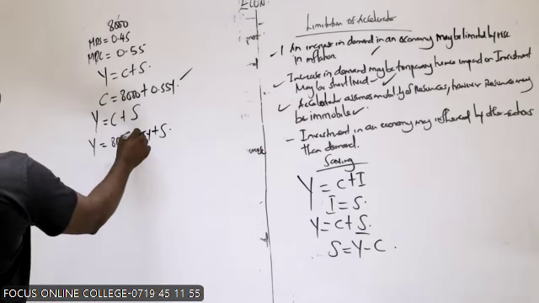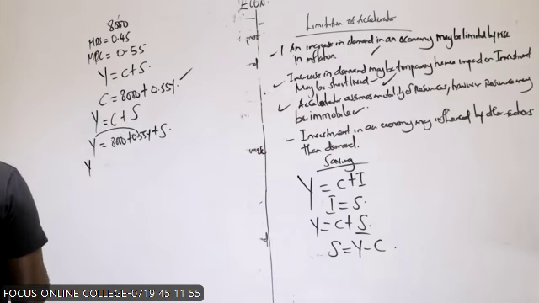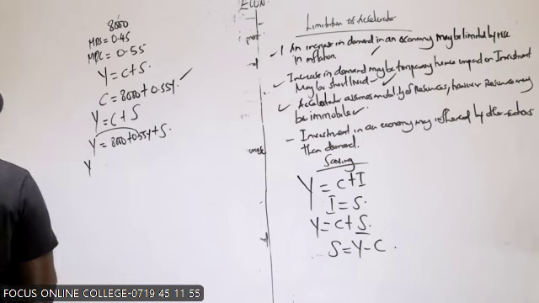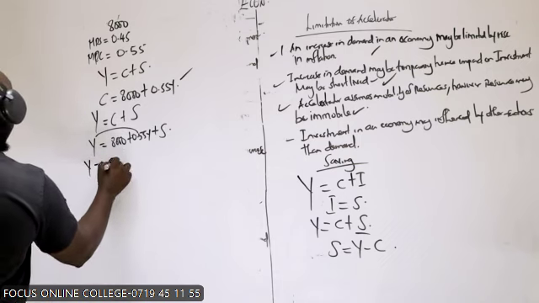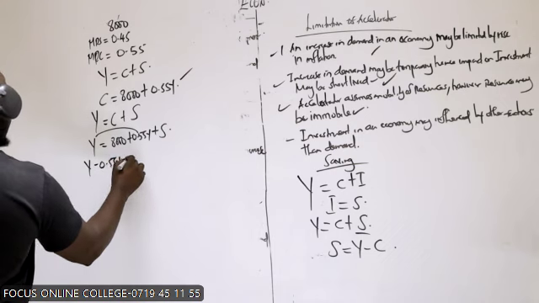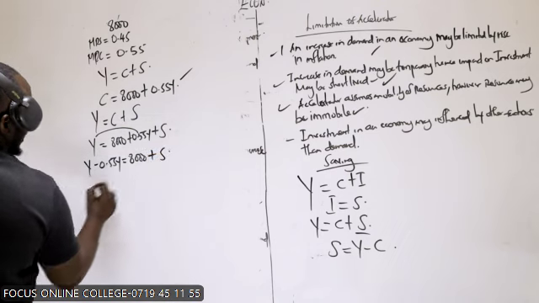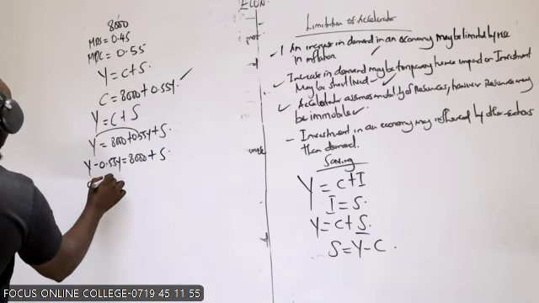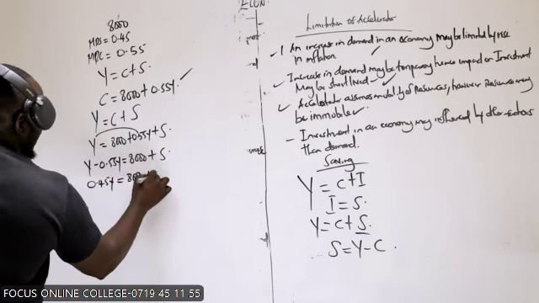So Y minus 0.55Y is equal to 8,000 plus S. So this is going to be 0.45Y is equal to 8,000 plus S.